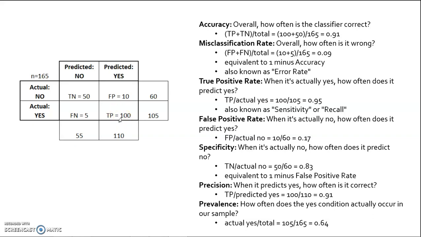True positive rate is known as sensitivity or recall, where we want to know, from all of the actual positives, how many we predicted correctly to be positive. That is the true positive rate.